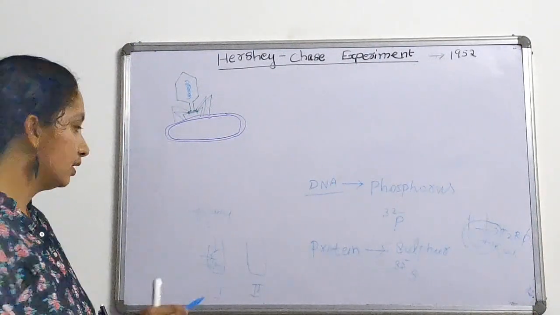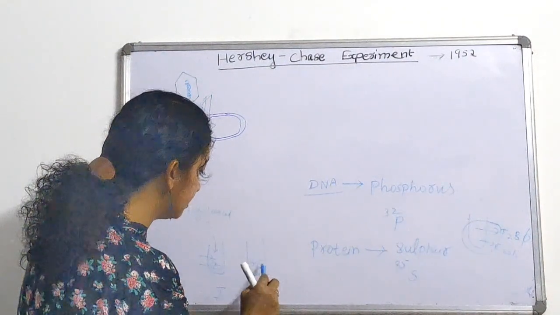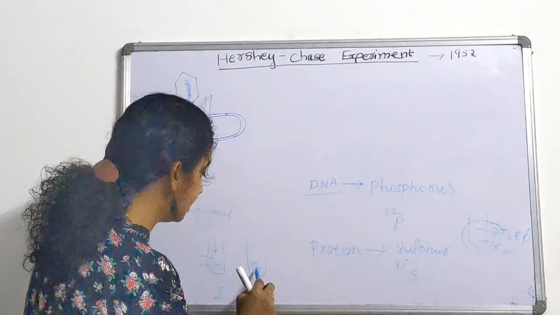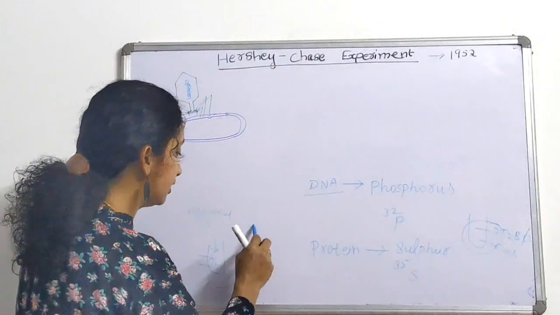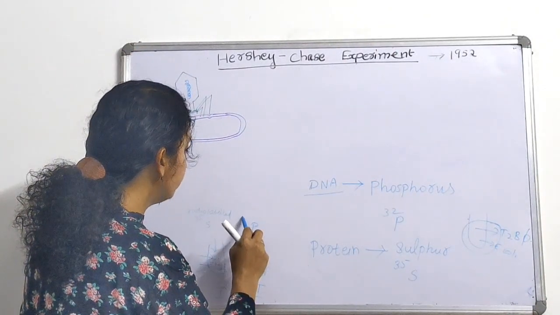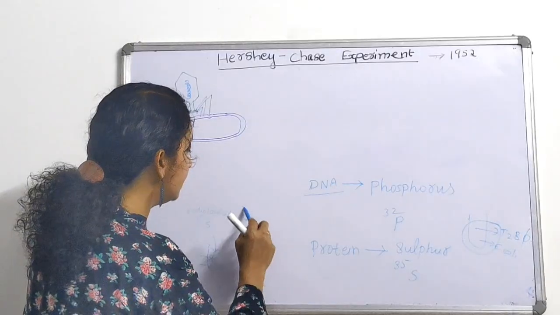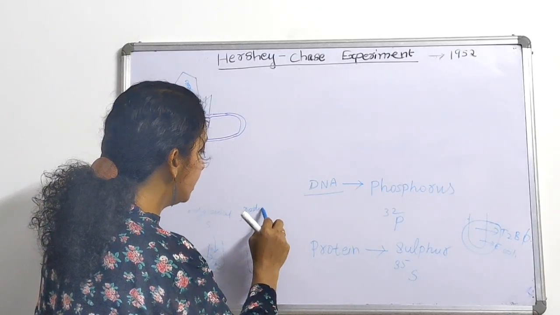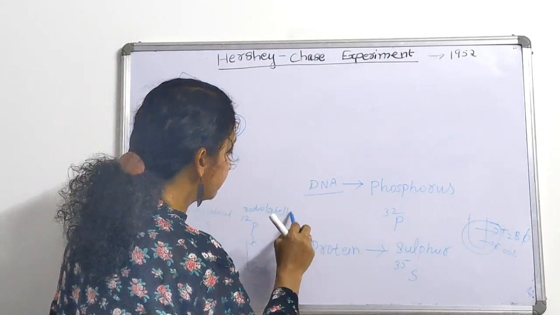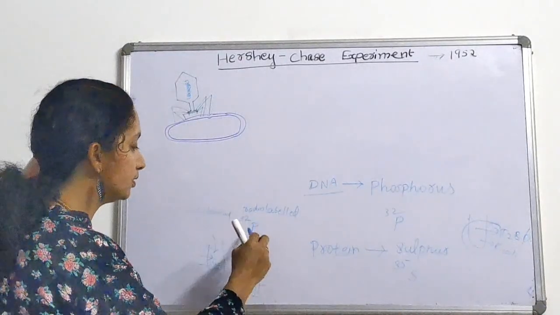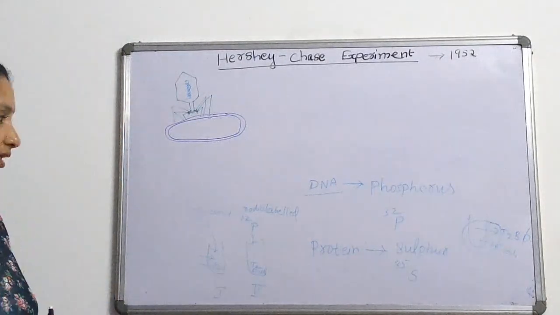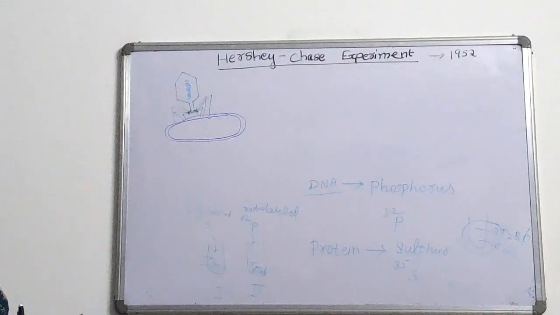In the second case, bacteriophage T2 and E. coli are there, and instead of sulfur 35 we are providing radio labeled phosphorus 32.